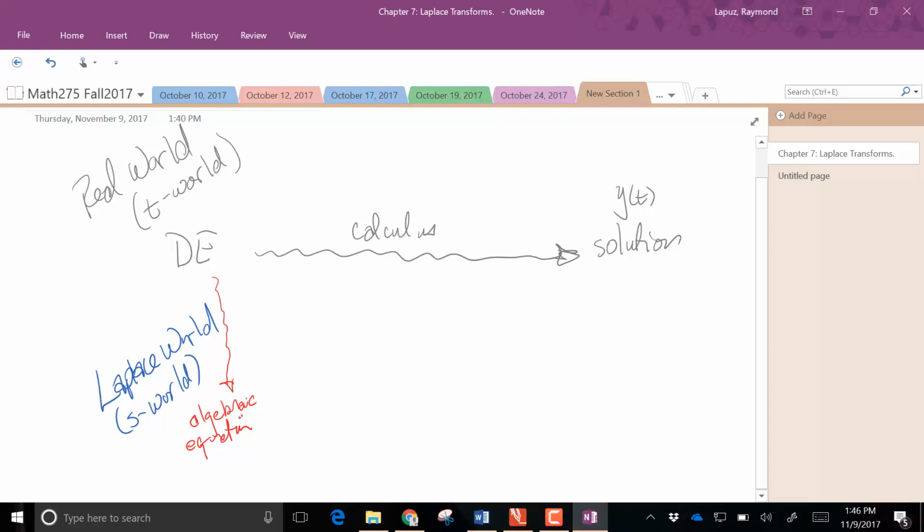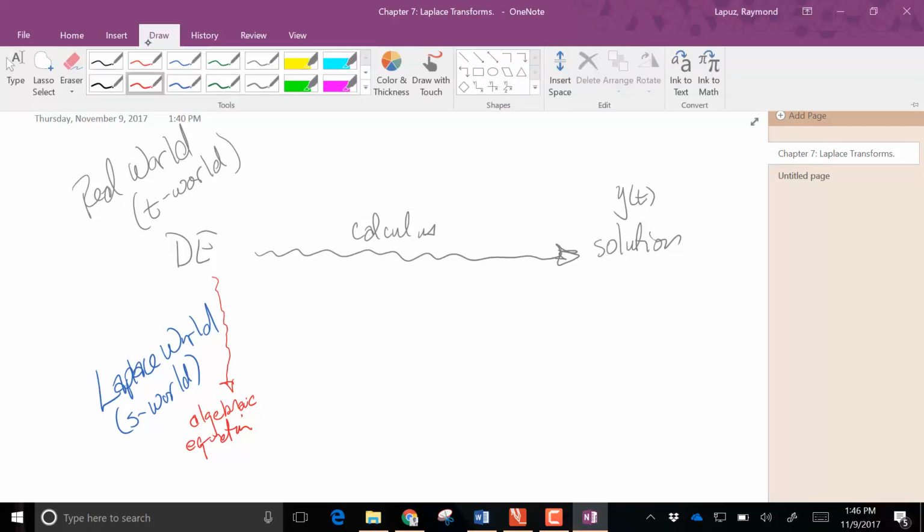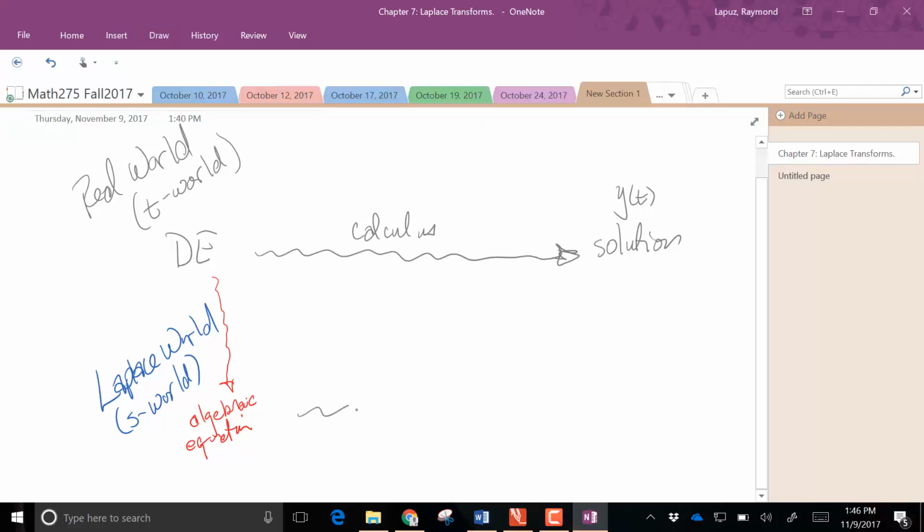And then, since we have an algebraic equation, we use algebra, which is sometimes easier than calculus. We're going to use algebra to solve this equation, and we're going to come to our solution.